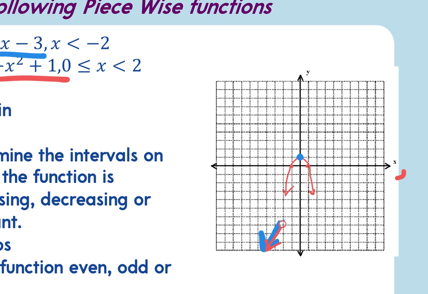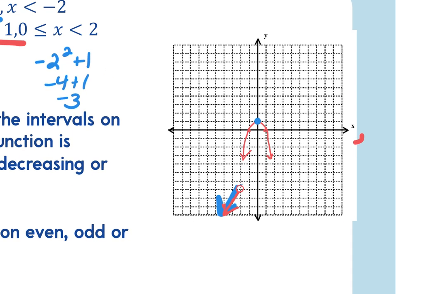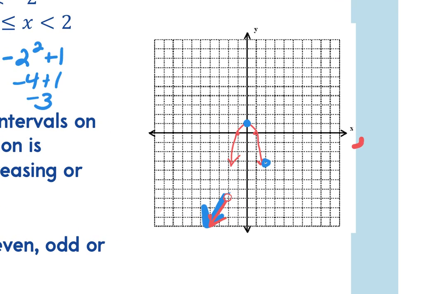I didn't have an exact plot for 2, so I'm going to plug it in. It'd be negative 2 squared plus 1. That negative is not in the parentheses, right? So what is negative 2 squared if the negative's not in the parentheses with the 2? Negative 4. Don't let that get you. Oh, which would be negative 3. So then (2, negative 3) is where I'm going to stop this graph, and it's going to be an open dot because it's not or equal to.